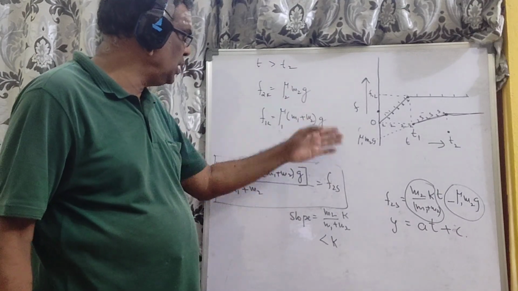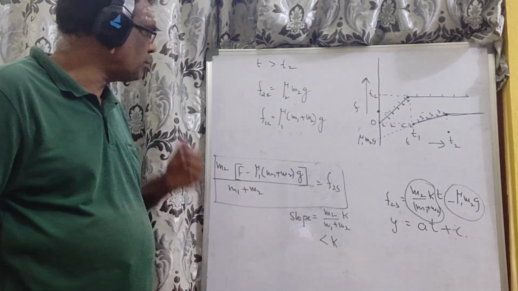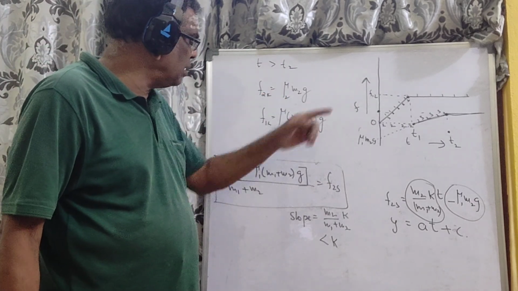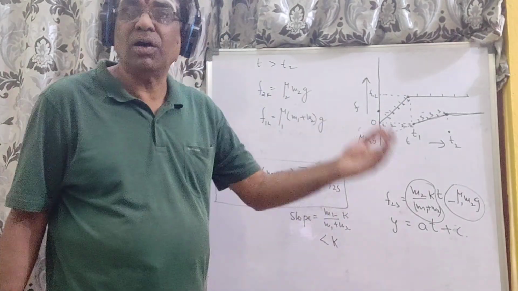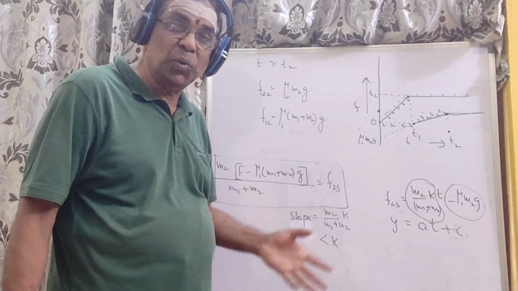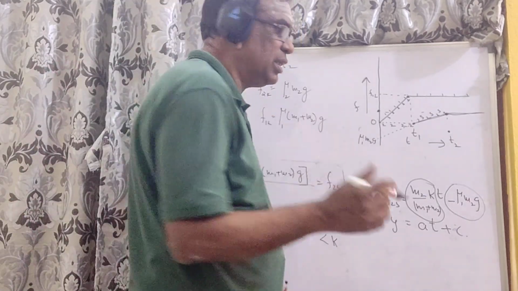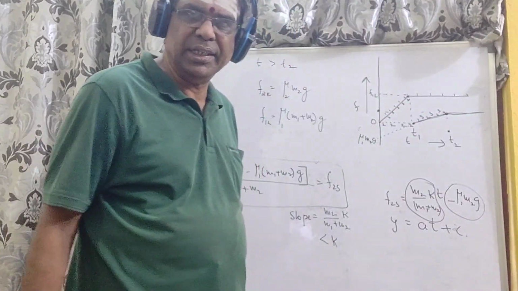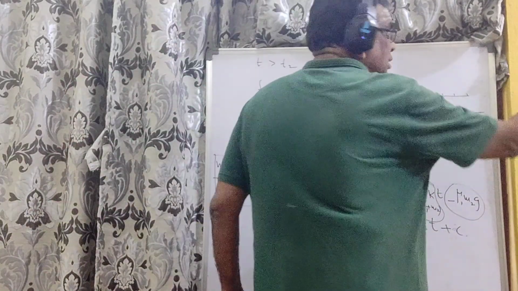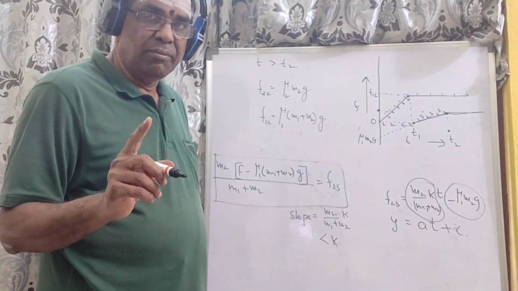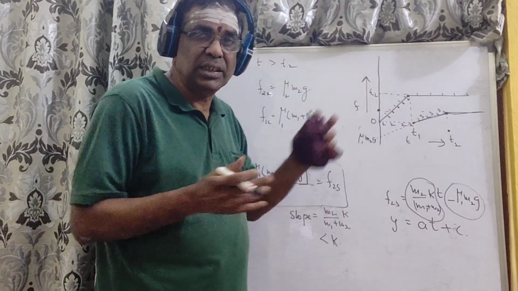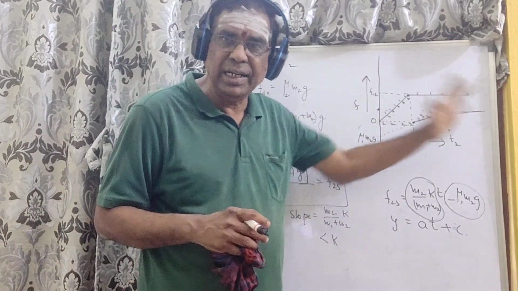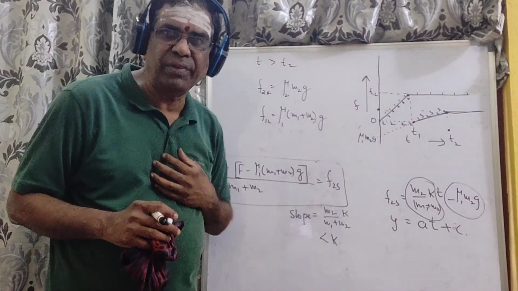Mu1 is very less. Suppose G is common in both the things. When I'm dividing these two, this can be greater than 1 or less than 1, equal to 1, we do not know. So, in other words, this might go like this and same thing. Or it may go beyond this and also you can draw. All depends on the values. It is not necessary that this should be below this. Theoretically, it is possible. You have to take the appropriate values.